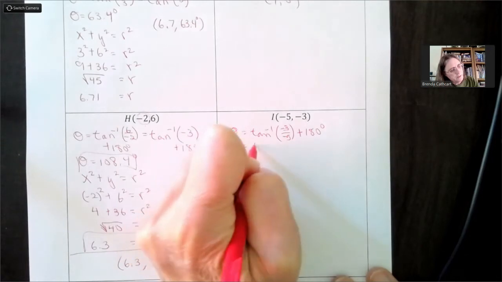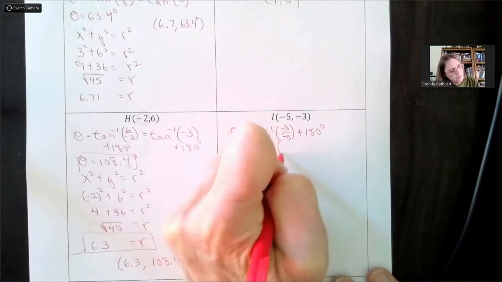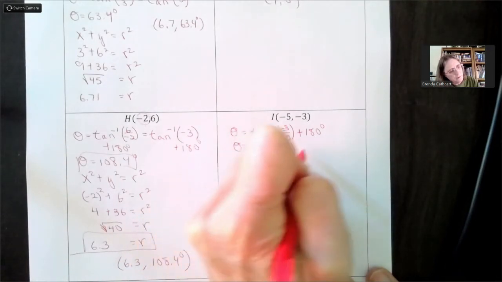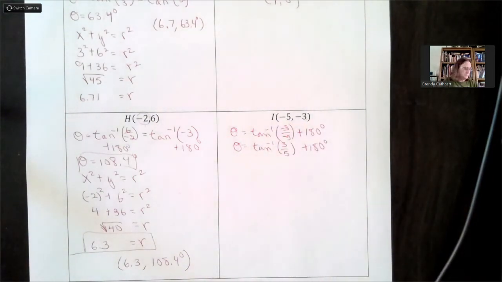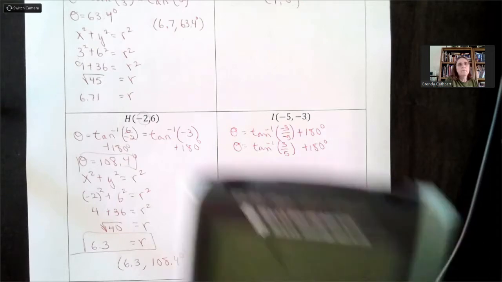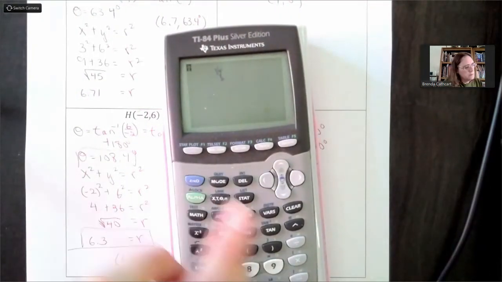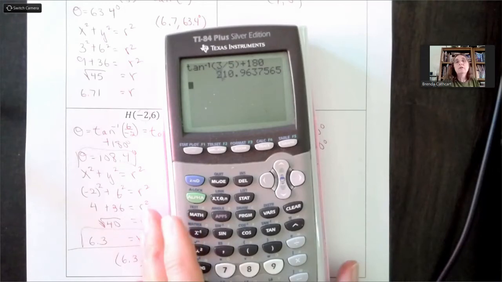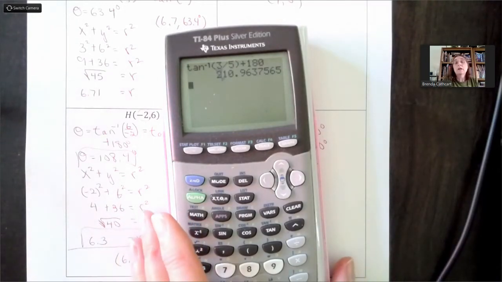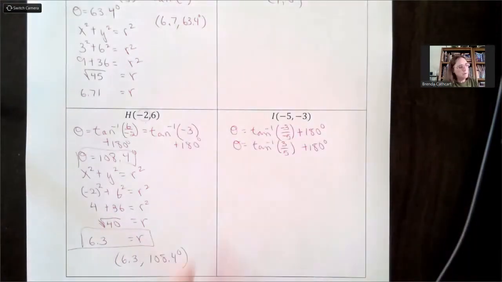So theta is equal to tan inverse of 3/5 plus 180. That gives us an angle of 211 degrees.